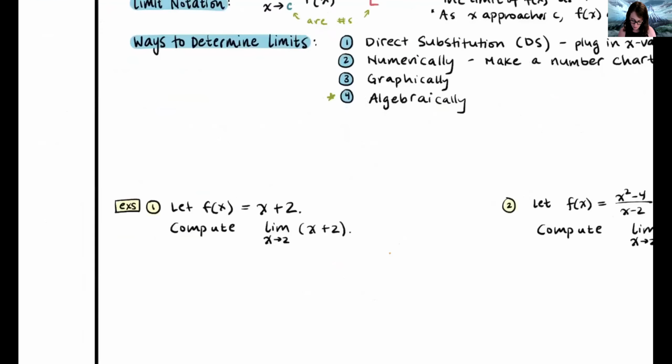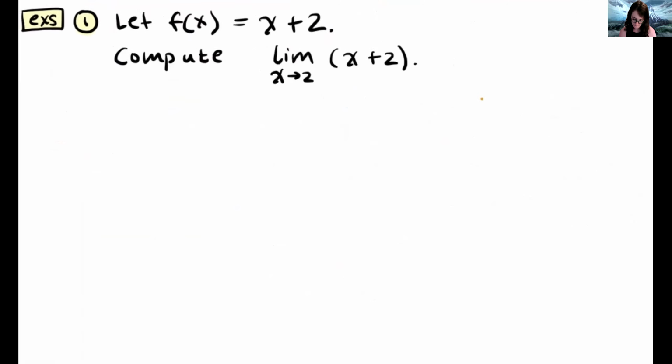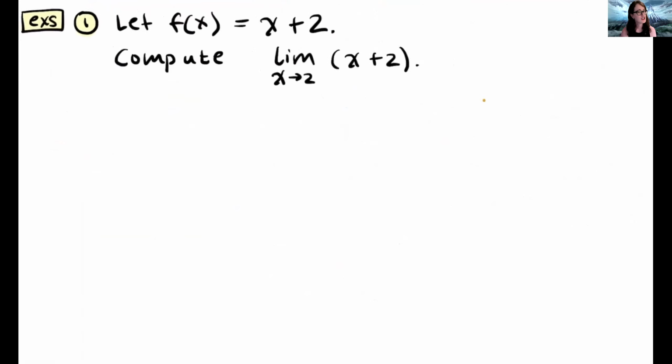Okay, so example number 1, we're just going to look at this simple function, f of x equals x plus 2. And we're going to compute the limit as x approaches 2 of x plus 2. Okay, so when you're finding the limit of something, you don't have to use multiple methods to find the answer.